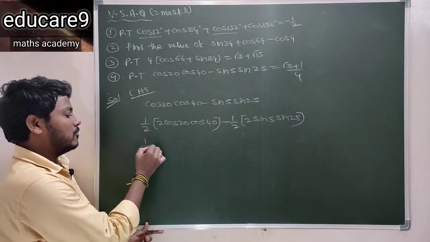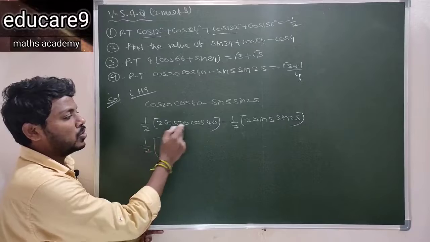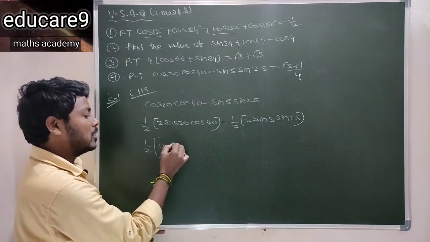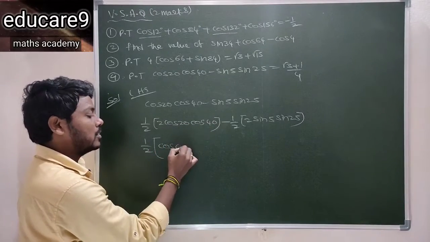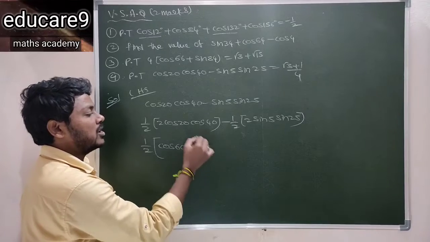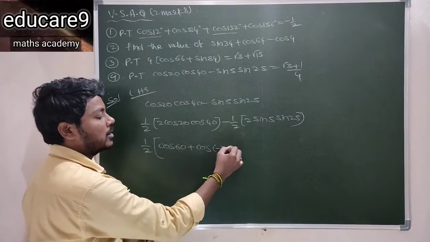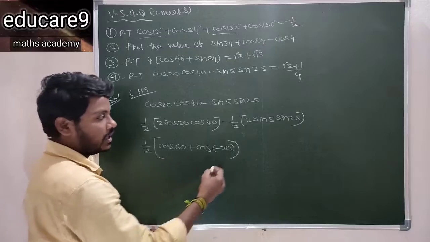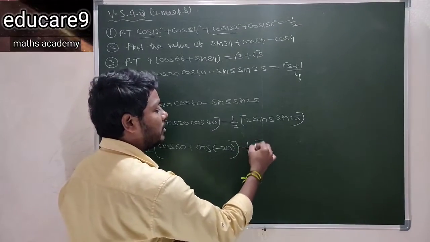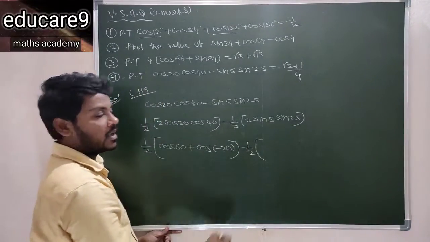See here, 1 by 2 into 2 cos A cos B formula. Cos of A plus B, cos 60, plus cos of A minus B, cos of minus 20. And this one, minus 1 by 2 into 2 sin A sin B formula.